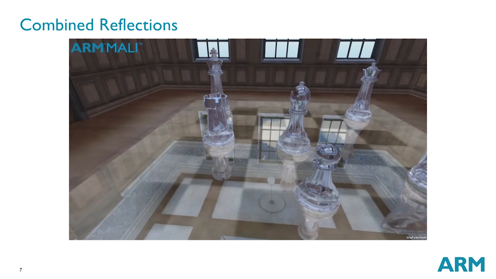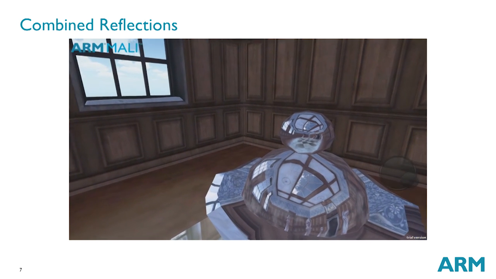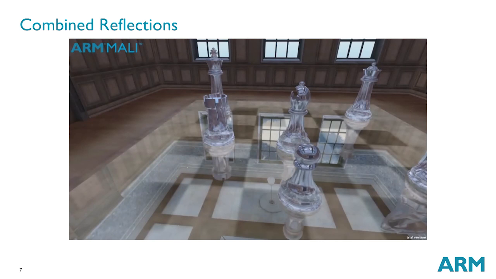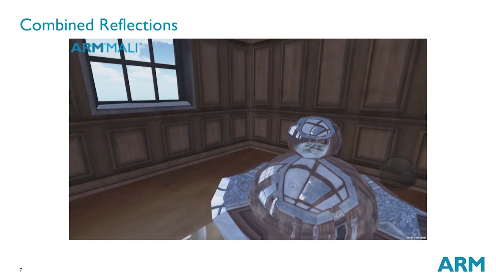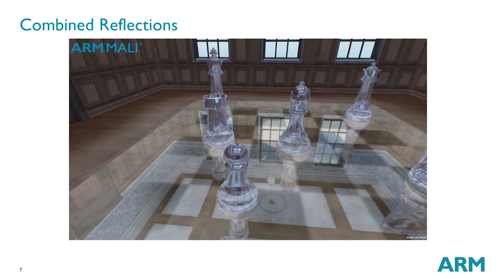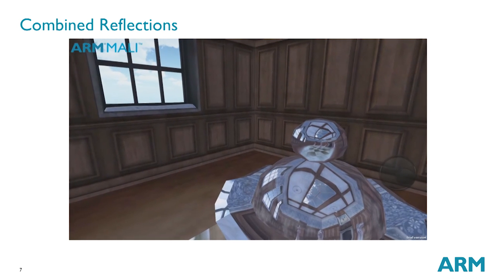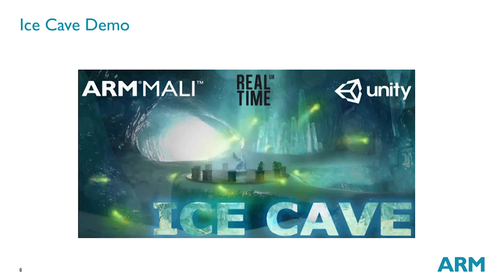Also, you can find how to combine different types of reflections, as shown in this short video, where we are combining reflections from static geometry, in this case the wall and the windows, using the local Cubemap technique, with reflections rendered at runtime using a mirrored camera, and also with reflections from a distant environment from the skybox using a standard Cubemap or infinite Cubemap. All these techniques have been implemented in our latest demo, the Ice Cave demo, and I really encourage you to visit our booth where you will be able to play with this demo and see all these effects.